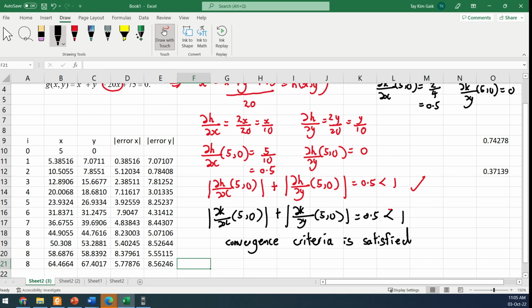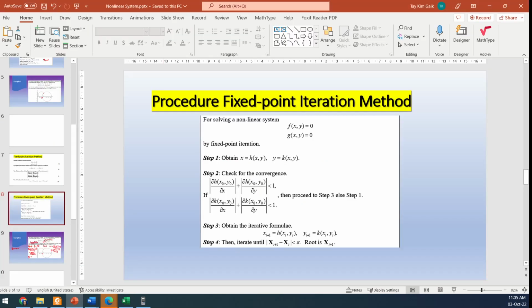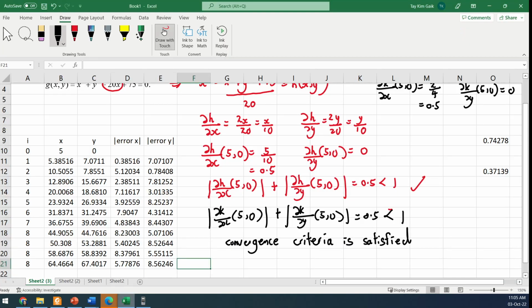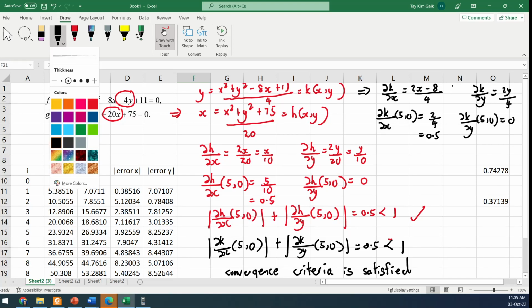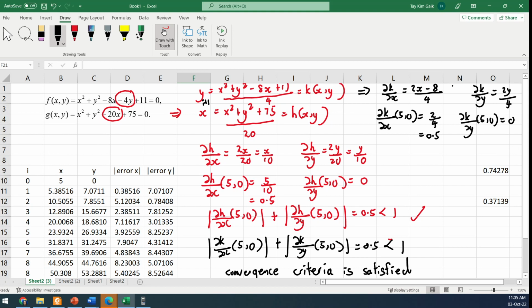So the convergence criteria must be satisfied for both lines. If satisfied, then you obtain the iterative formula, which is very easy. From the formula you wrote down just now, left hand side put i plus 1, right hand side this i.